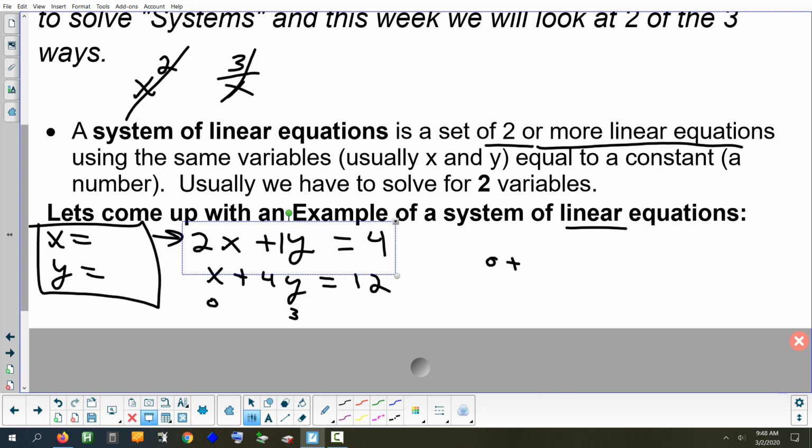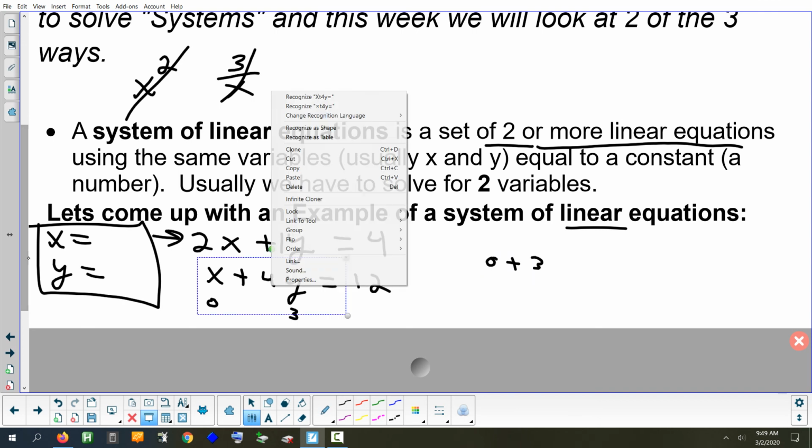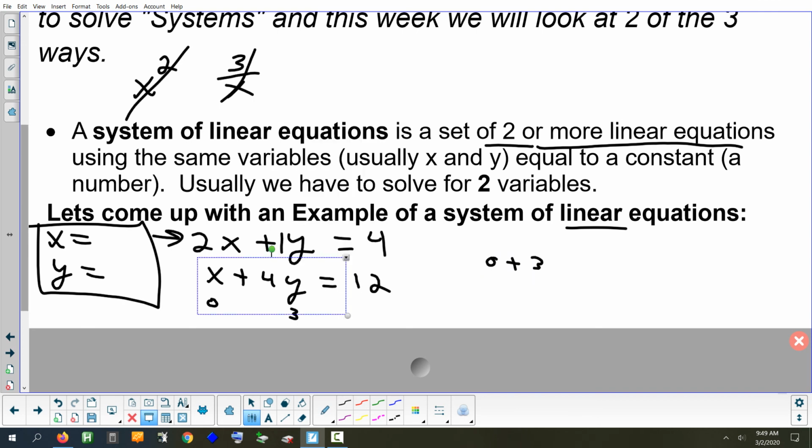And if you plug in 3 for y, what's 1 times 3? 3. And that plus that is supposed to equal 4. Did it work? No. So you did find an answer that worked in the bottom equation when you plug in a 0 and a 3, but plugging in a 0 and a 3 didn't work at the top. So you've got to find one that works in both.